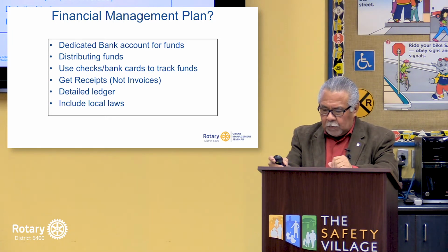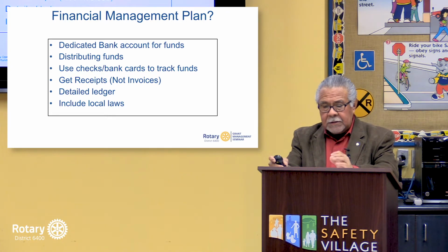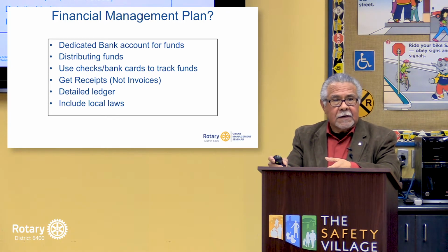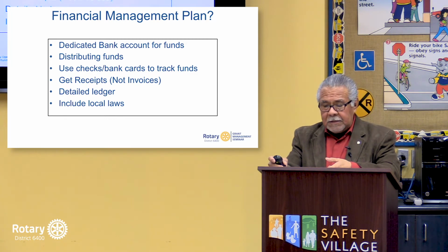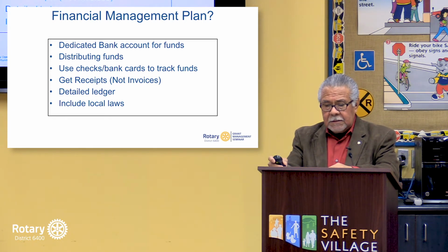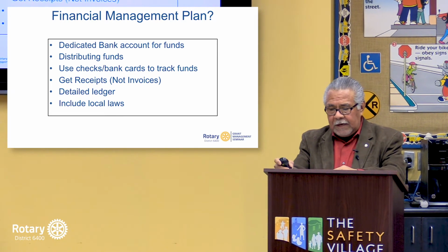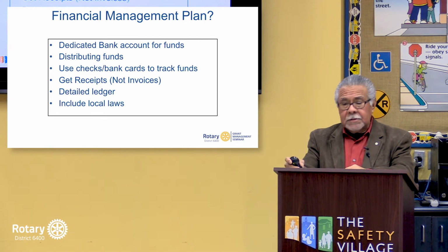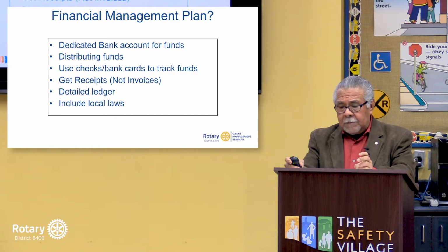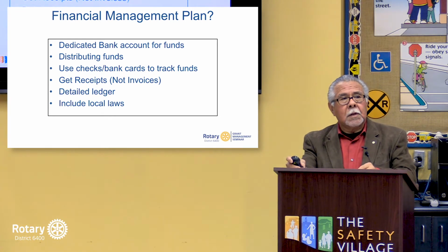The club must have a written financial plan that provides for the consistent administration of grant funds that includes a dedicated bank account for the funds, disbursement of funds, use of checks or bank cards to track the funds, receipts for the product you've bought or the funds you have expended, and a detailed ledger of the use of these funds, and the grant activities must adhere to any local laws.